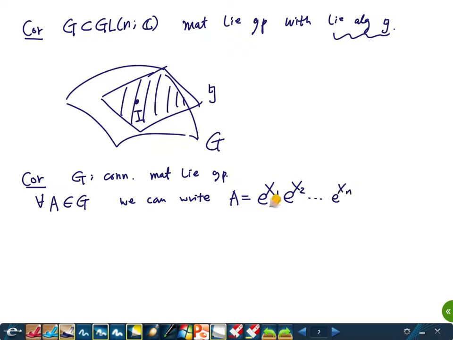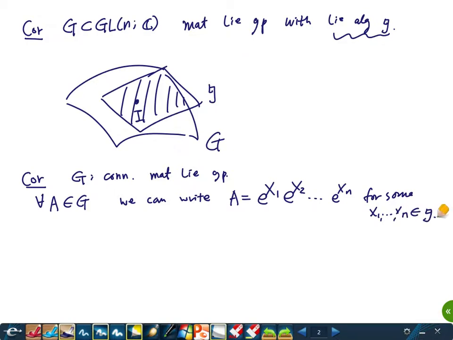It's not always possible to write this as a single exponent, but if you allow yourself to make a product, then it's always possible for some x1 through xn in the Lie algebra.